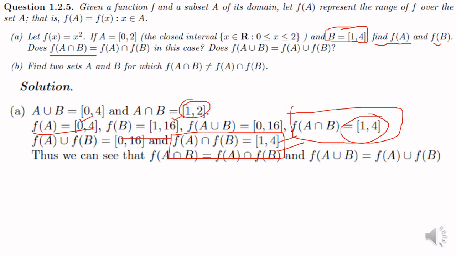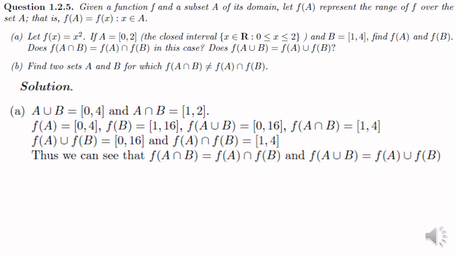And also we have to verify the other thing, f of A union B. f of A union B is the closed interval 0, 16, and fA union fB is also the closed interval 0, 16. So you can say that both of these are the same. So f of A union B equals fA union fB. So this proves the first part of the question.